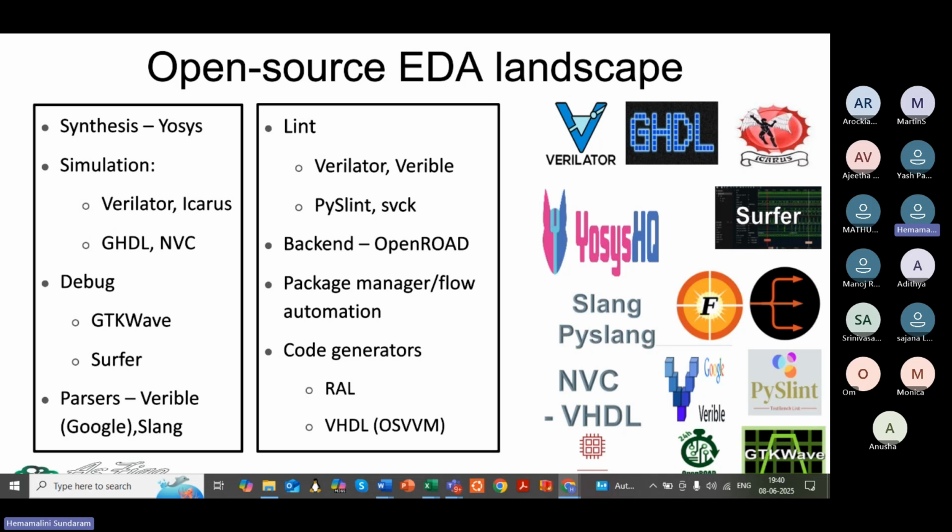And also for the lint side, we have Verilator and Verible. We also have PyLint and SVCK. For the backend, it's OpenROAD, the package manager or the flow automation, and the code generators, we have RAL and VHDL. So here's a picture on the right-hand side, which says the same thing.